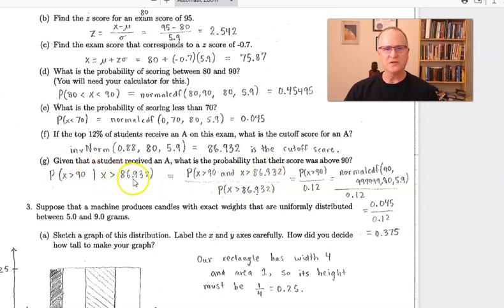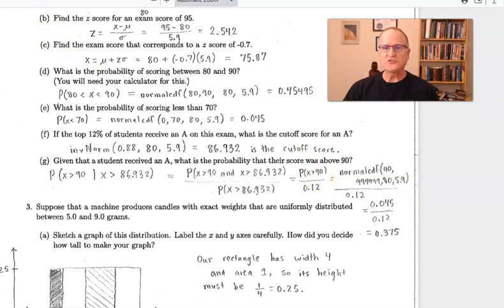What comes after the given bar here is x greater than 86.932, so that goes in the denominator. And we actually know the answer to that from part F. We know that's going to be 12%. The part that's not always so obvious is what happens in the numerator here. Why is it that the probability of getting a value greater than 90 and greater than 86.932 is just the probability of getting a value greater than 90?